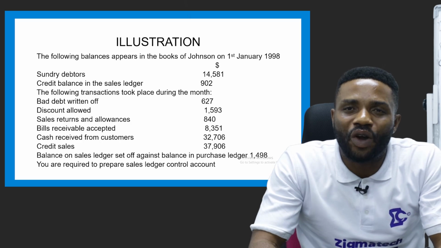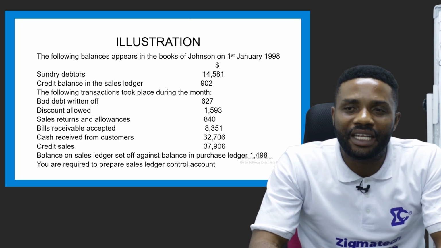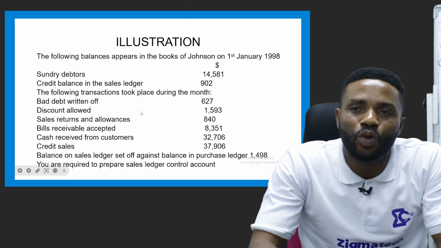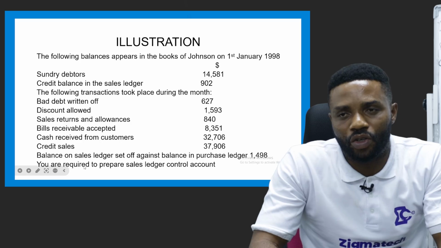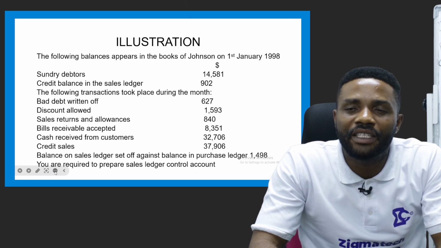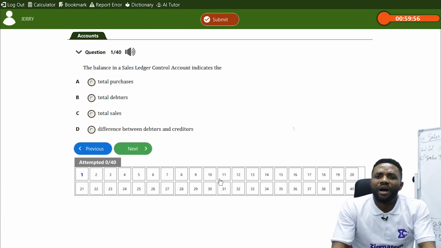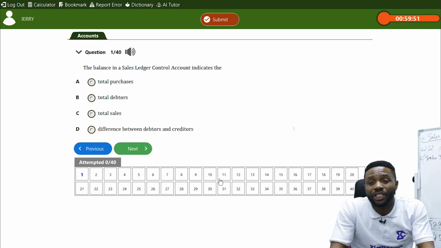It is not something you can cram. As we have done in this lesson, you may not be able to cram everything. You must always go to the exam guide to solve questions. If there are areas you are finding difficult, you go back to the lesson for direction. Now we have question 1 here already. We have up to 40 questions here.